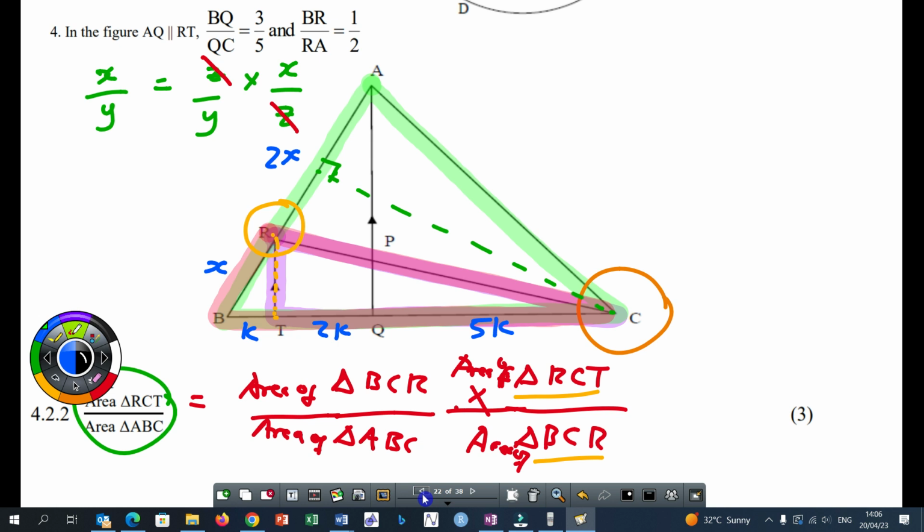Remember, ABC and RCT are the two triangles, RCT inside ABC. So whatever ratio you have, it's too large, because by observation RCT cannot be more than half of ABC.